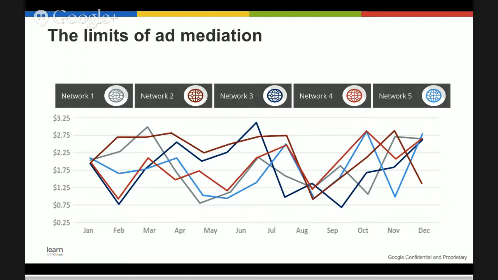This can be mainly caused by demand fluctuations, like different demands for each network. It can also be caused by natural seasonality, and also by the ad serving infrastructure of that specific network. Through mediation within AdMob, you are able to maximize the overall CPM curve that you will get from all the networks.